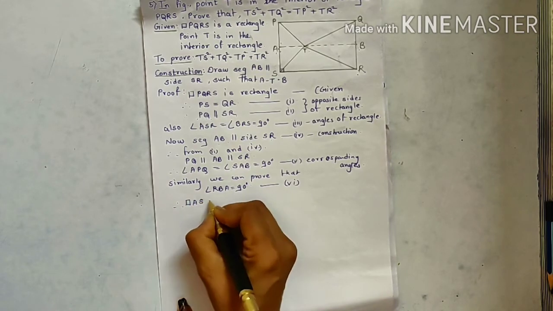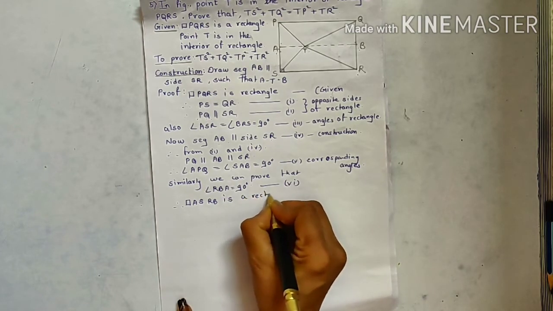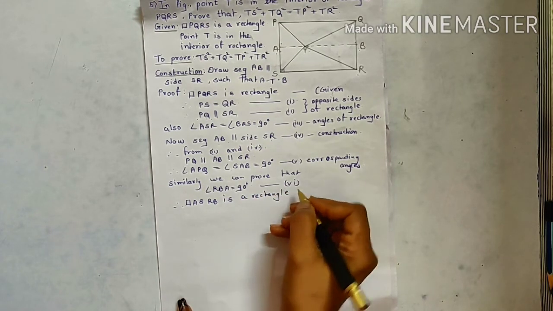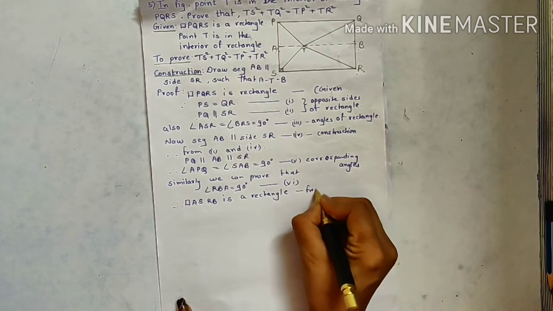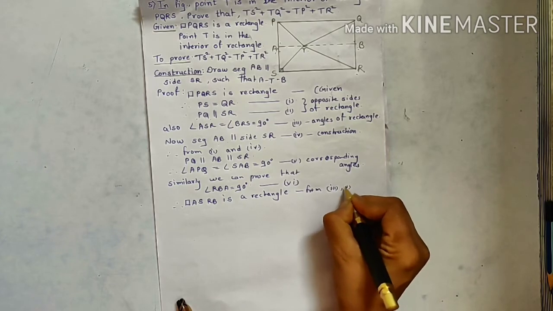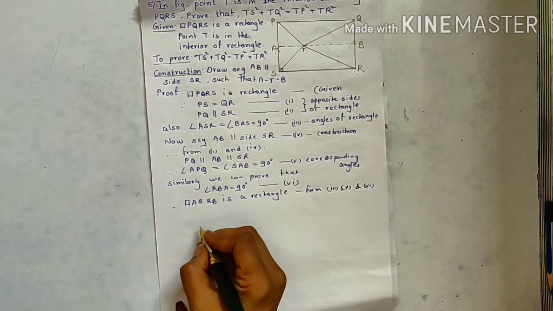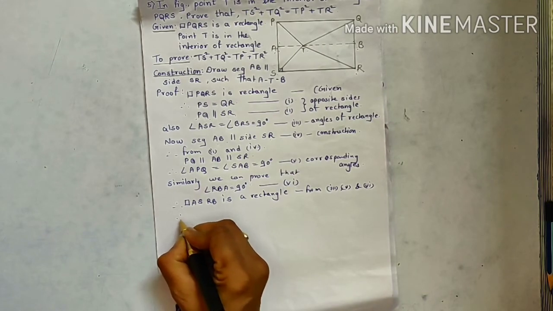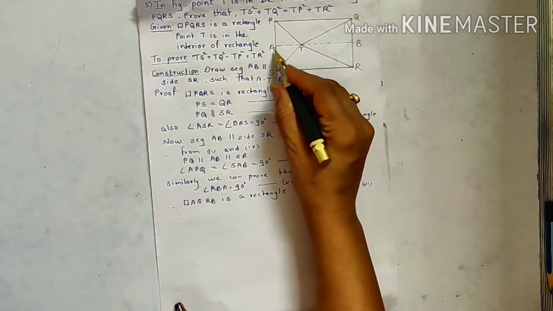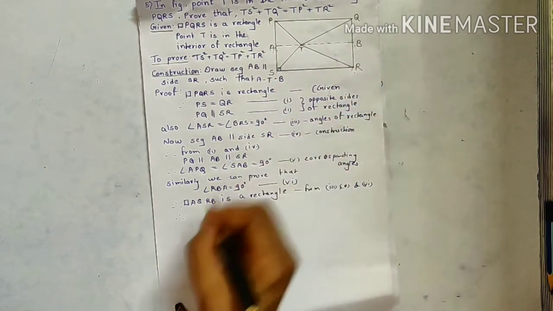Quadrilateral ASRB is a rectangle. This is from 3, 5 and 6. Therefore we can write AS equal to BR.